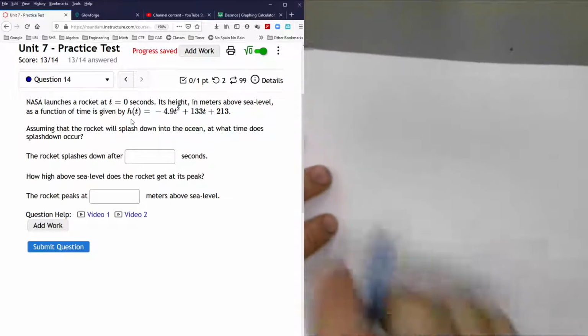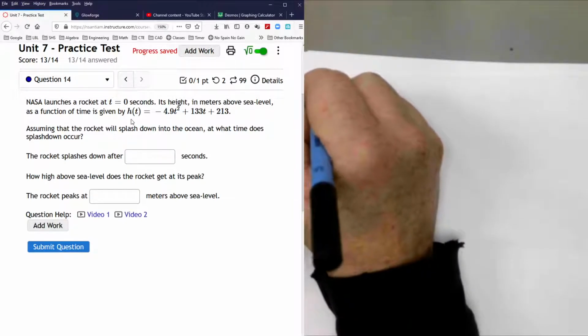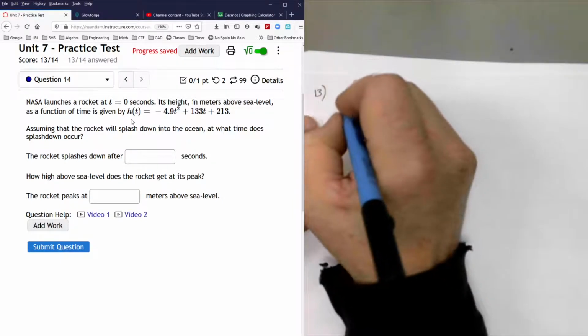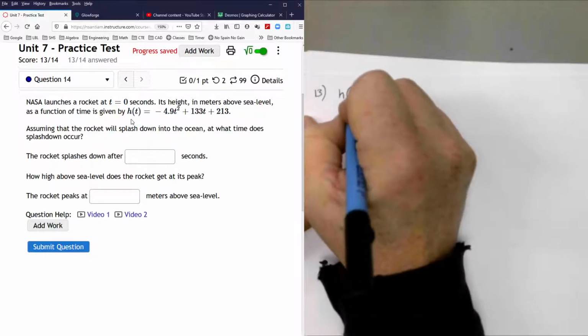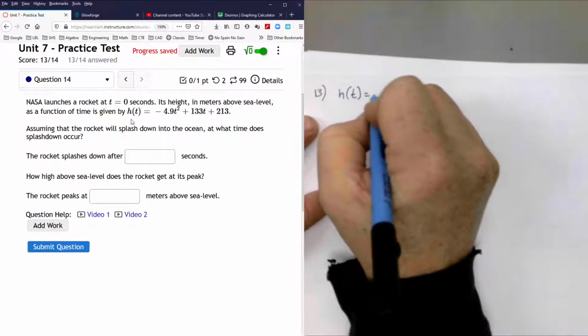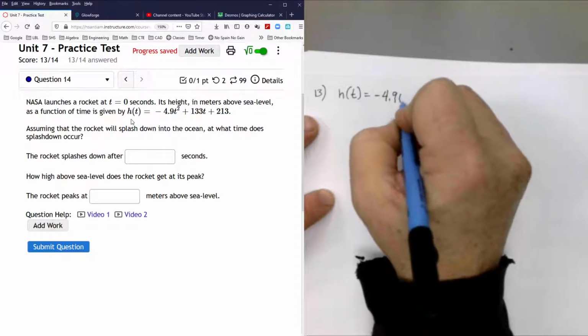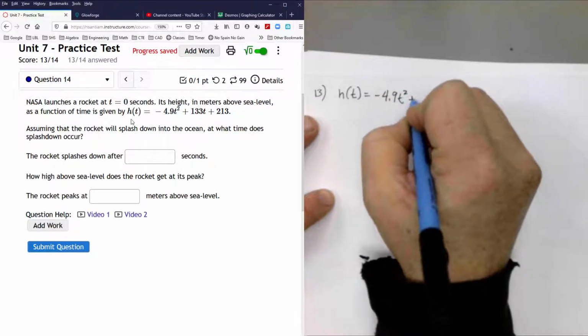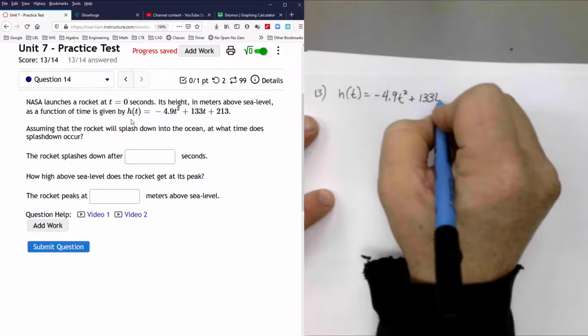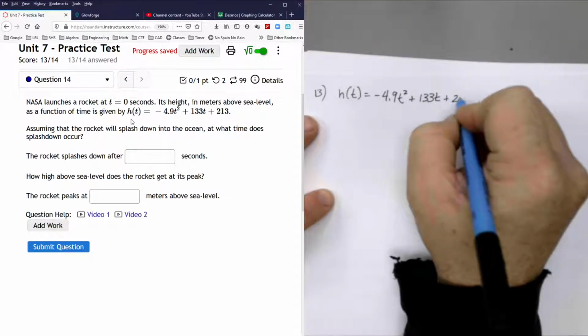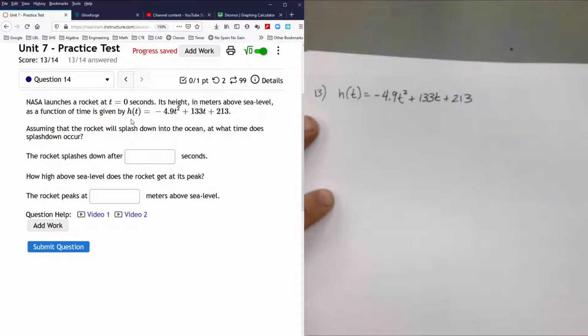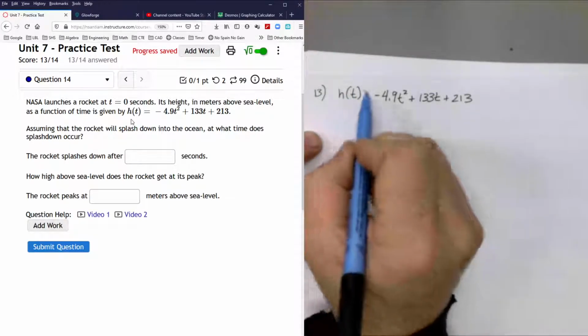Okay, and so question number 13, again, if I can draw a picture of what this represents: negative 4.9 t squared plus 133t plus 213. Okay, h is height, t is time.